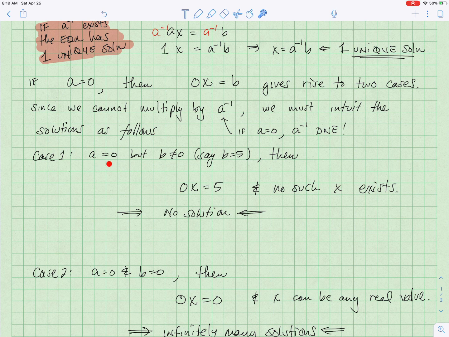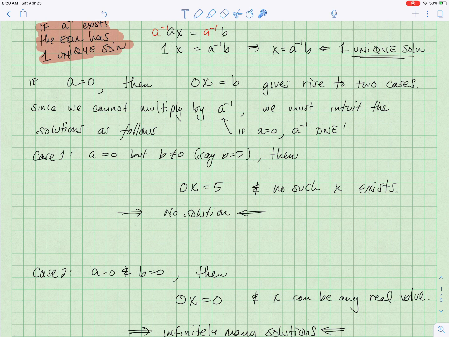A is 0, but b is not 0, like b equals 5. And then we get an equation that looks something like this: x times 0 is equal to 5. And we know that for any real number, 0 times any other number should be 0. And that's not the case here. So no such x exists, and we have no solution.